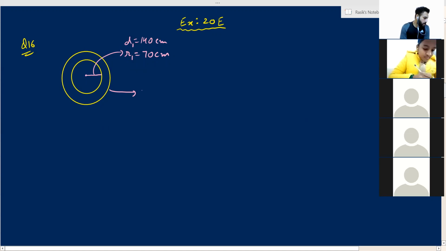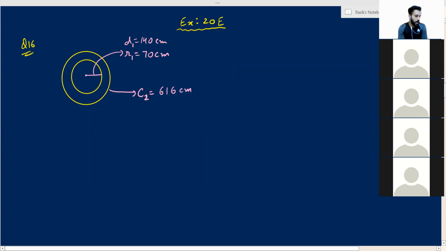The circumference of the outer circle, c2, is given as 616 centimeters. We have to find the width of the parapet. We have done questions like this before also, in the same exercise.